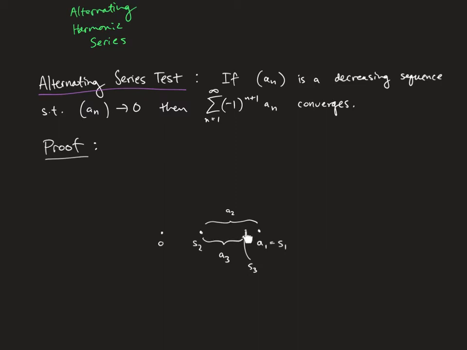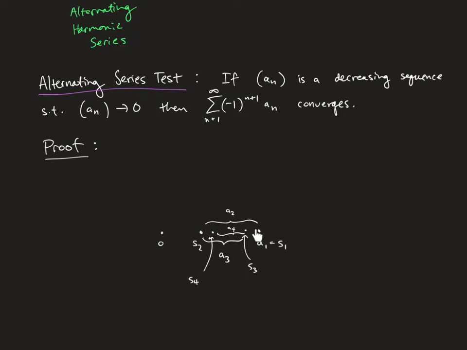So you're less than a_1, but you're bigger than or equal to this S_2. And then when you subtract off a_4, a_4 is less than or equal to a_3, so you're not going to go quite back as far as S_2. So that's S_4, and this gap here is a_4.